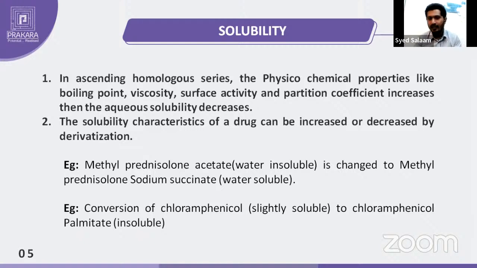If they decrease, solubility increases. These are inversely proportional to each other. If you go towards a homologous series of certain compounds like alcohols, and look at properties like boiling point, viscosity, surface activity, if these increase, solubility decreases.